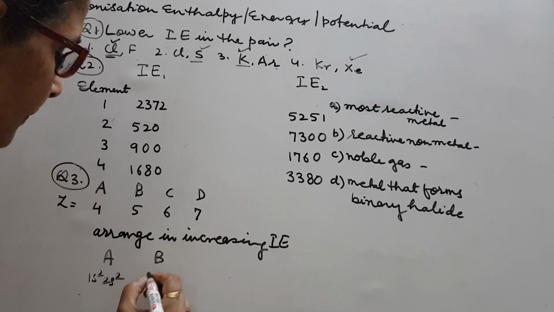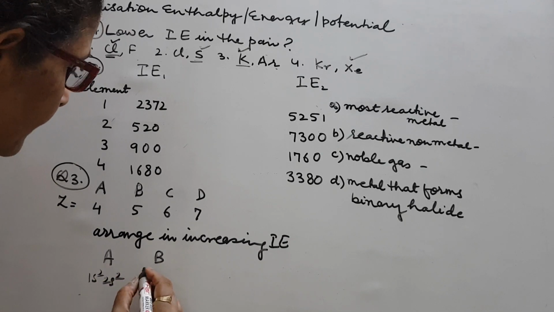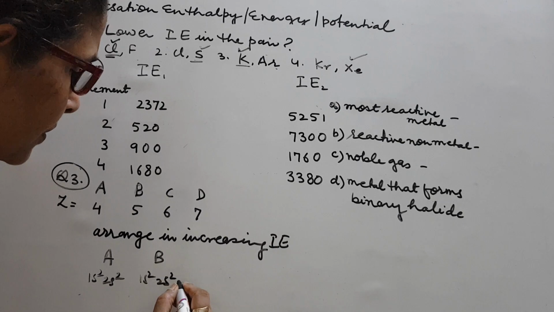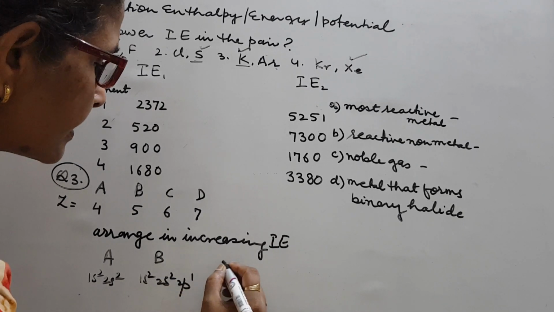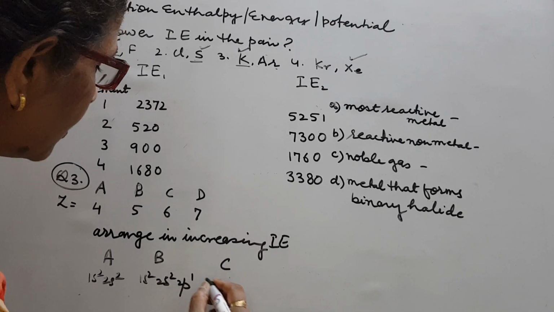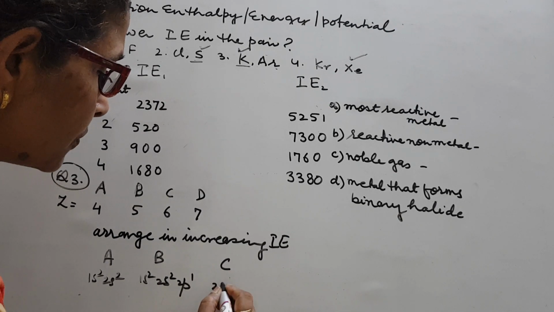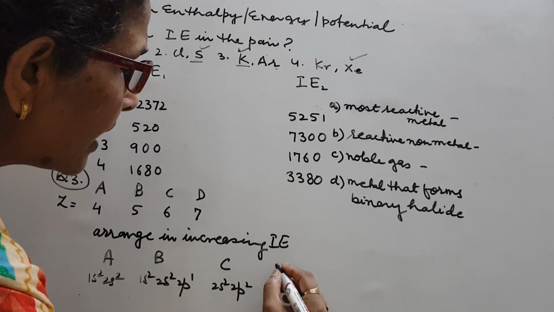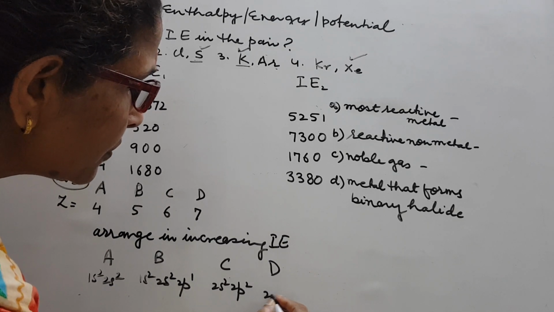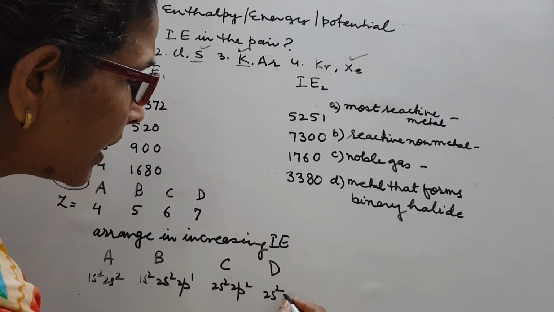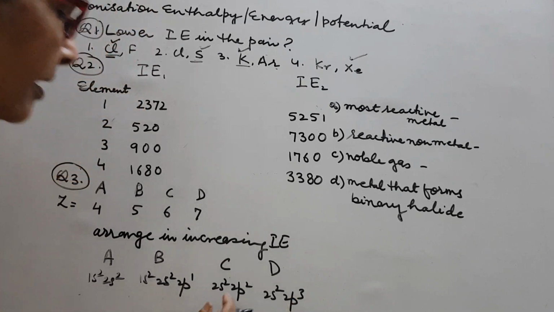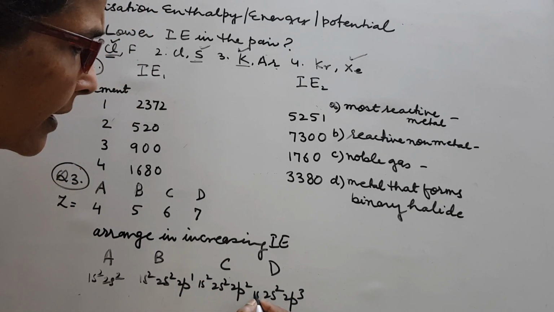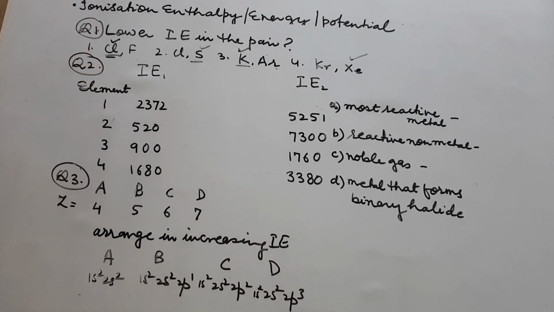B, so I am writing here just 1s2, 2s2, 2p1. C will be, now you can understand, 2s2, 2p2. I am not writing 1s2. And D will be 2s2 and 2p3, right? 1s2 is understood. Or if you want to write, you can write 1s2.